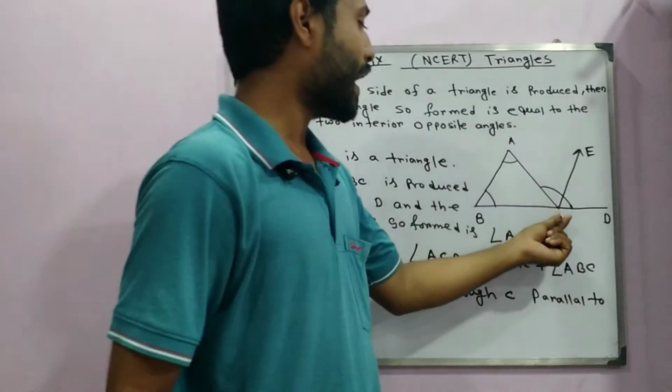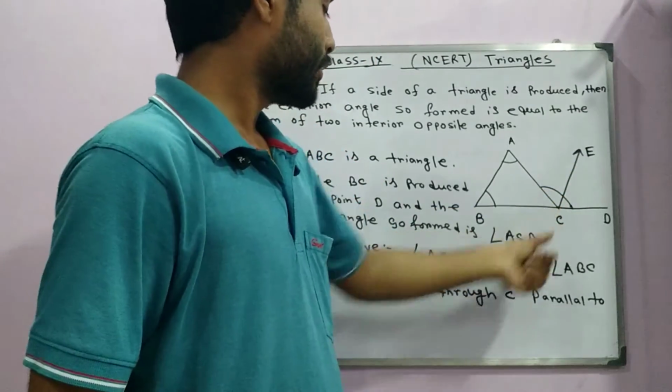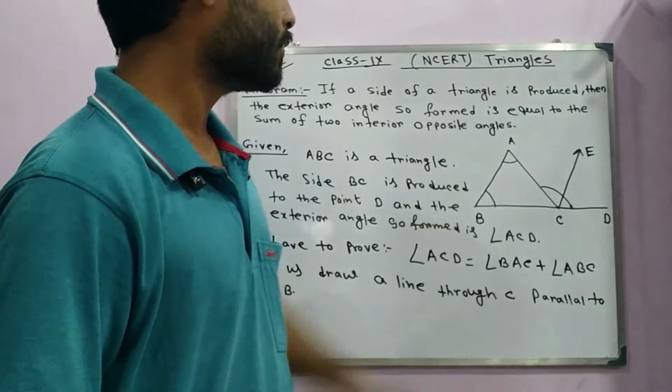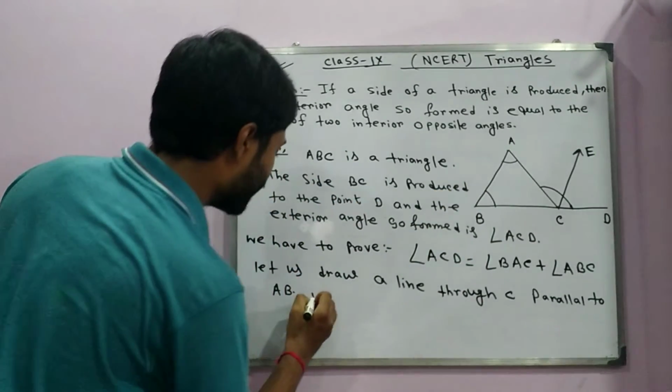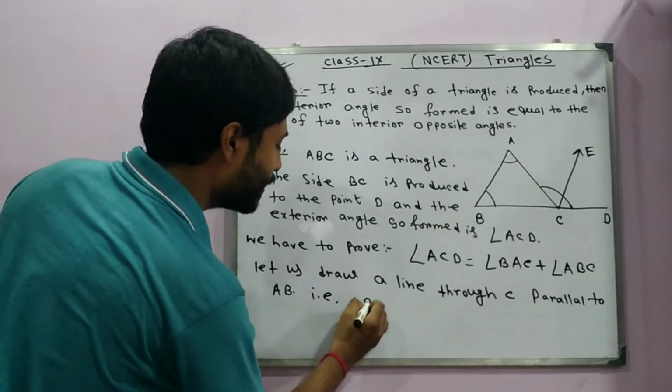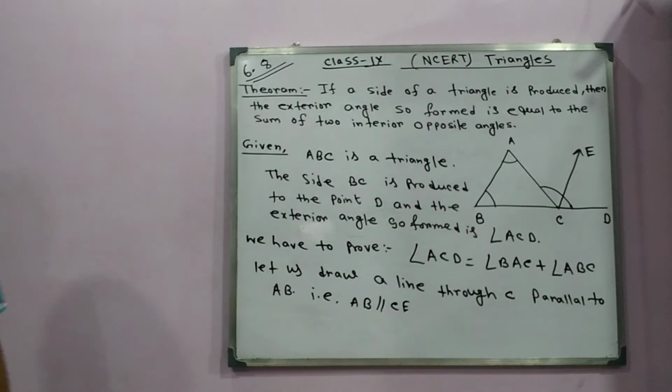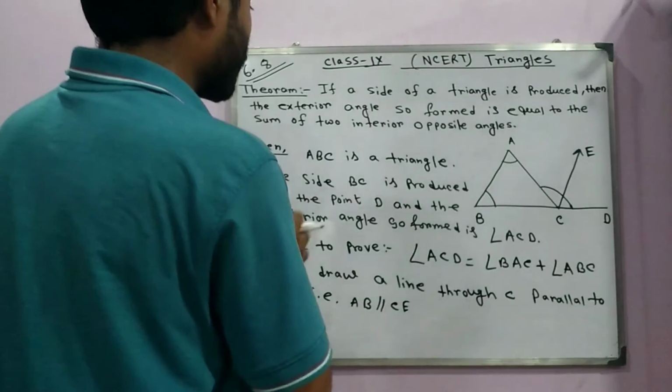Let us draw a line CE through C parallel to AB. That is AB parallel CE. Okay, it has to be drawn.